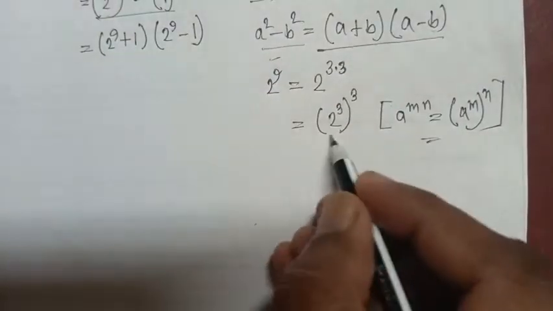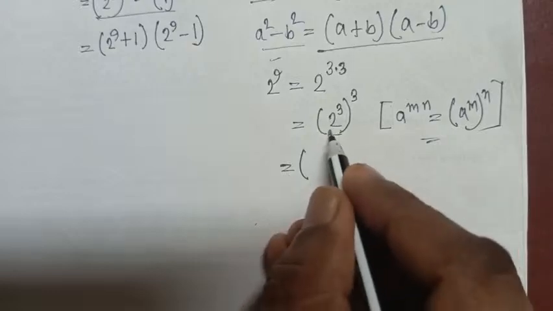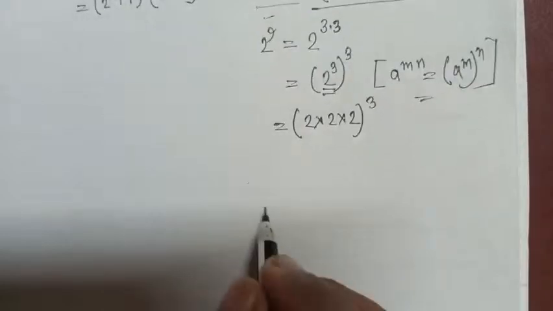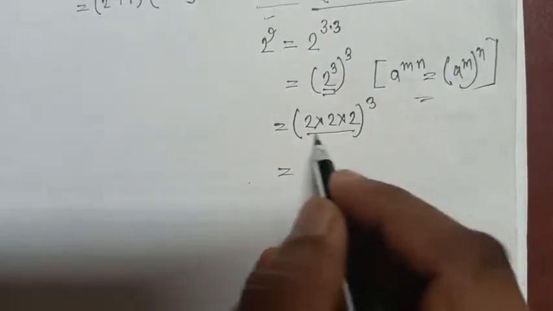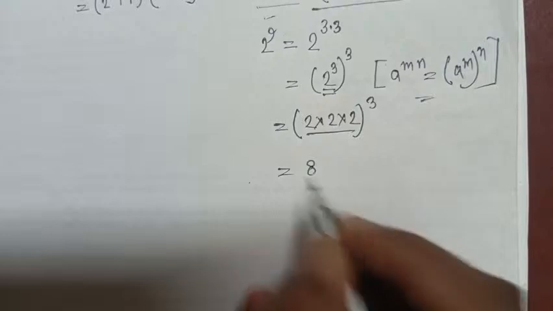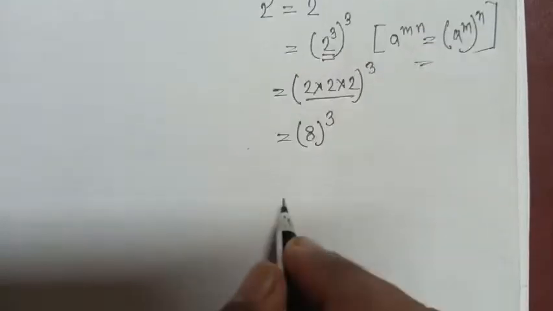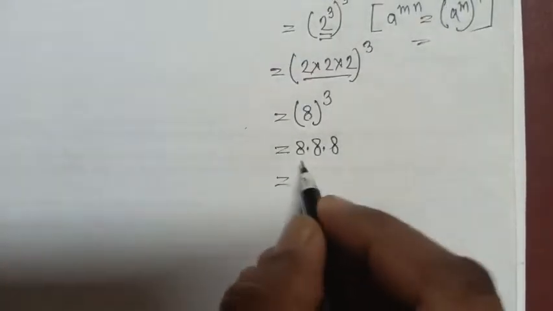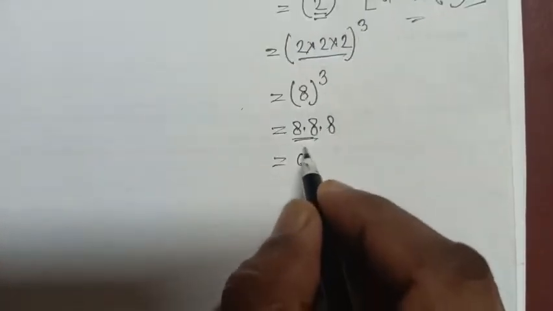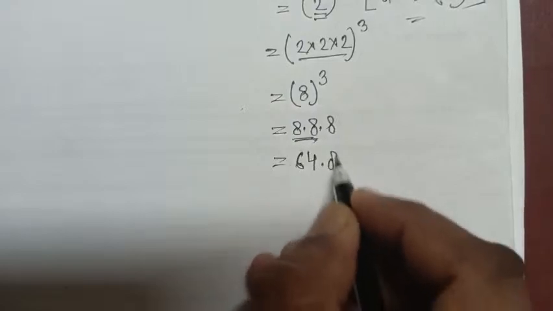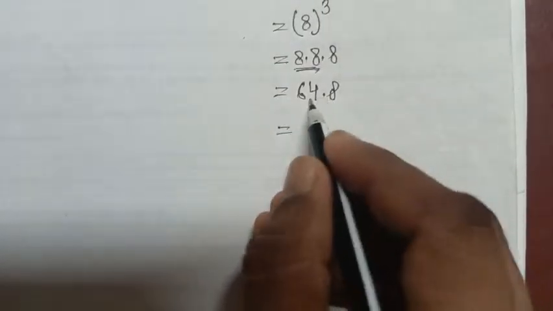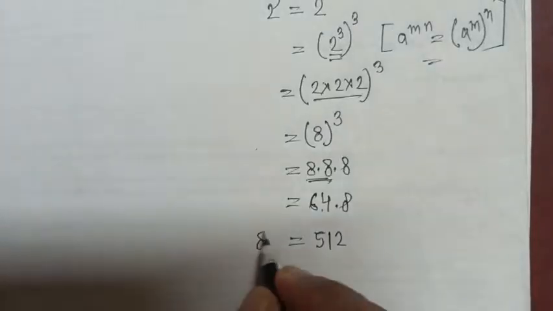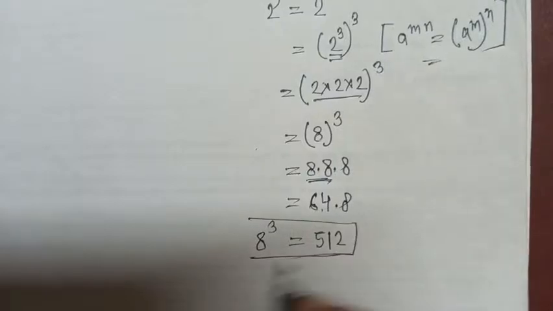So 2 to the power 3 means 2 into 2 into 2, which is 8, and 8 cubed means 8 into 8 into 8. If we multiply, 8 into 8 is 64, and 64 times 8 gives 512. So 8 cube is equal to 512.